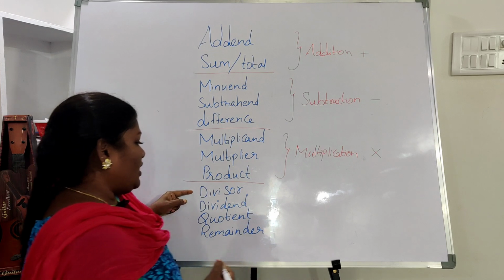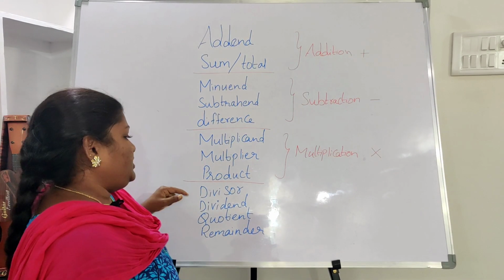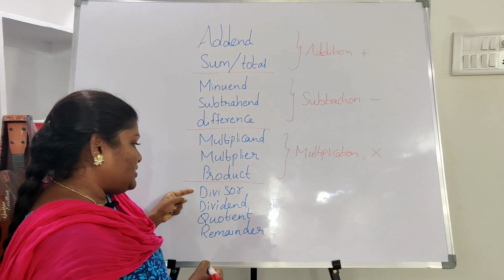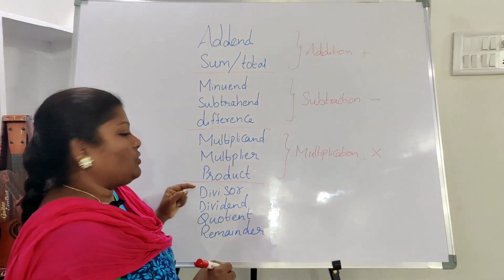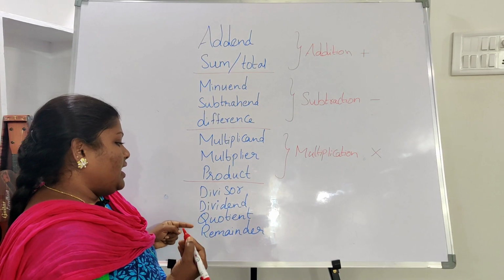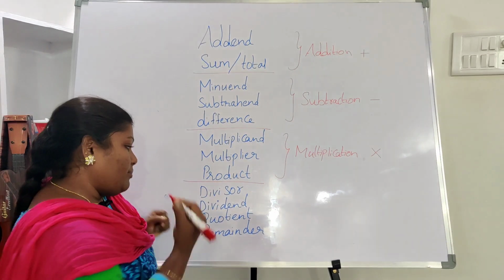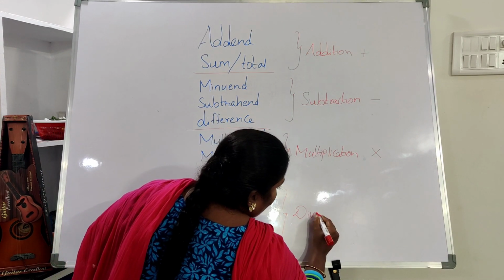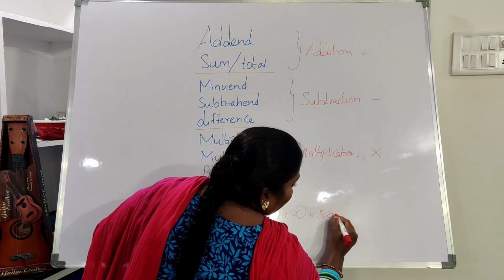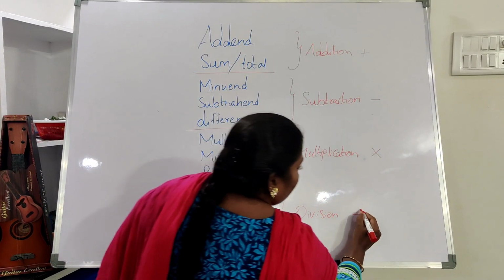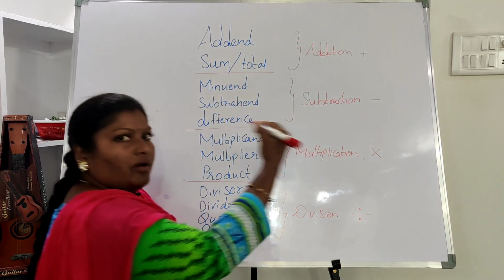And the last, 4th operation, division. The number which divides is called divisor. The number which is divided is called dividend. The answer in division is called quotient, and the leftover is called remainder. These are related to division, and the symbol is a horizontal line with a dot above and below.